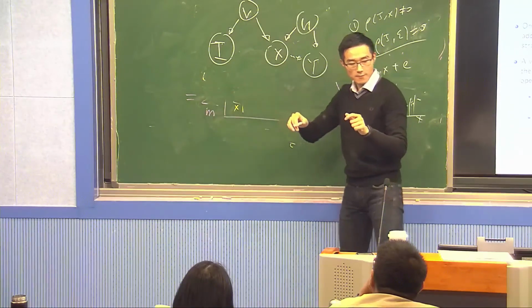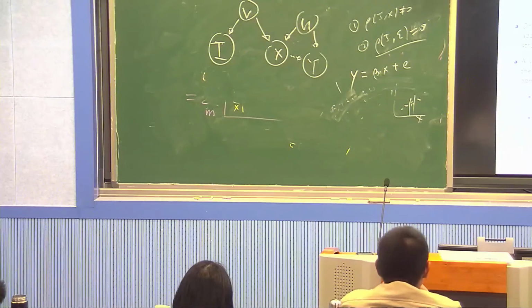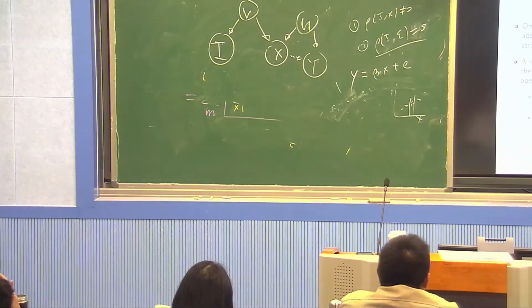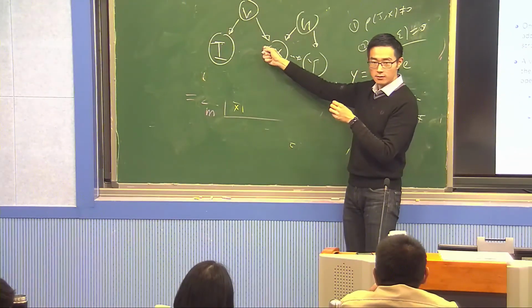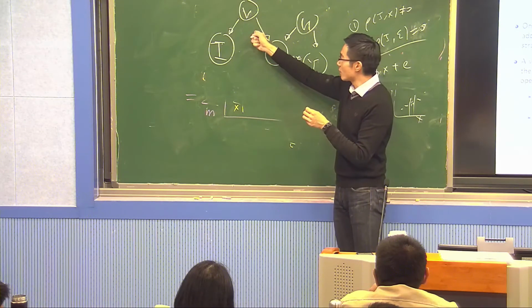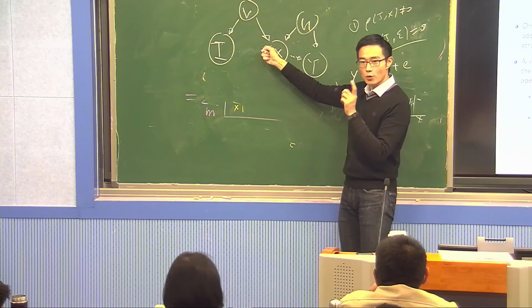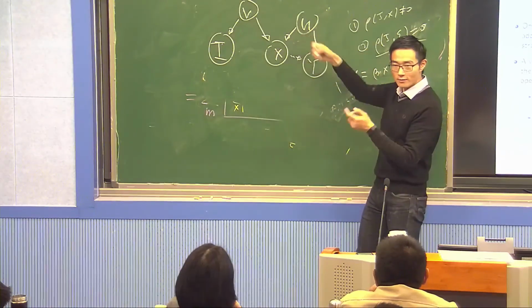Remember the condition I gave here doesn't say they have to be independent. The condition says the instrumental variable is correlated with X, and every path from the instrumental variable to Y has to have an arrow that goes into X. It turns out that this condition is what guarantees that I and U are independent. Why?